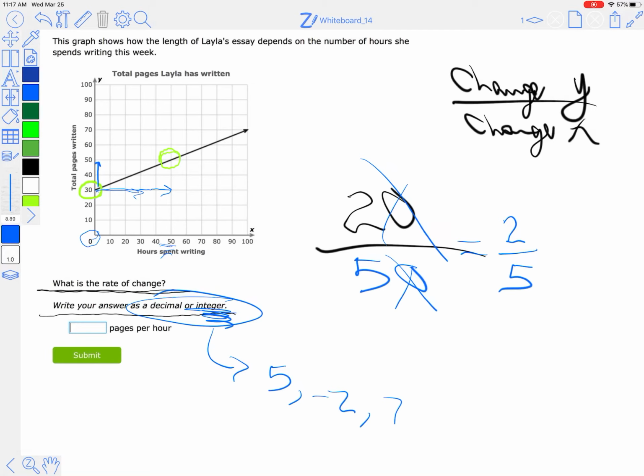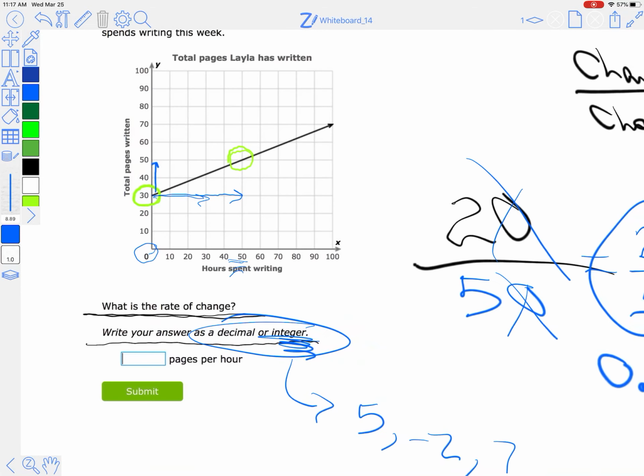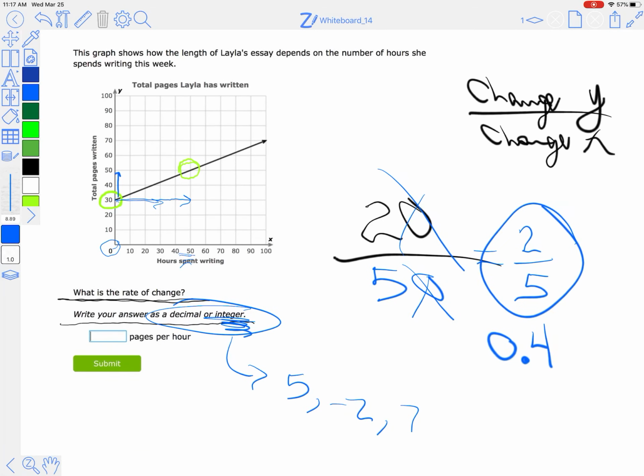If it's not an integer, then we need to make it a decimal. So again, to make this fraction into a decimal, I divide, and 2 divided by 5 is 0.4. So the answer to put in here would be 0.4 pages per hour.